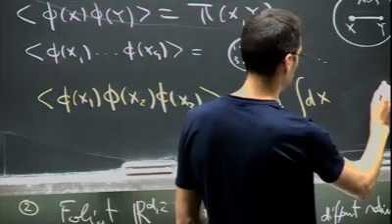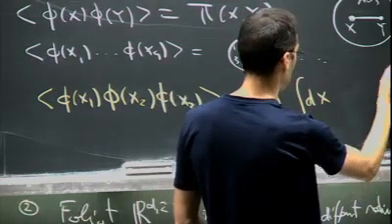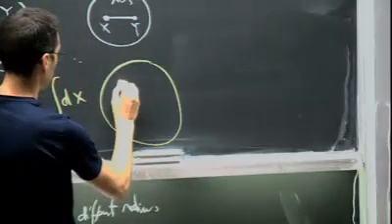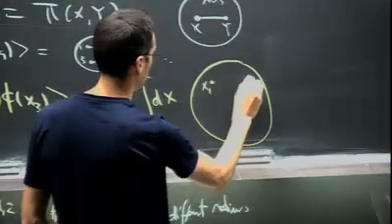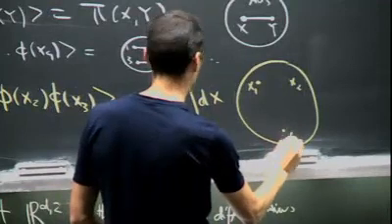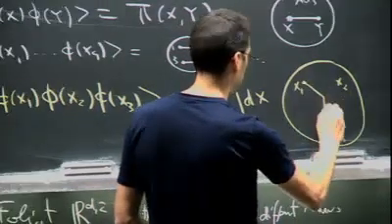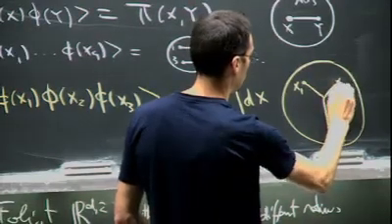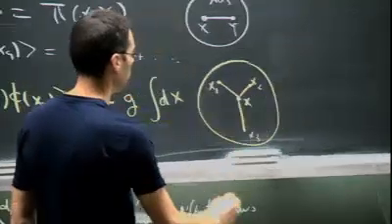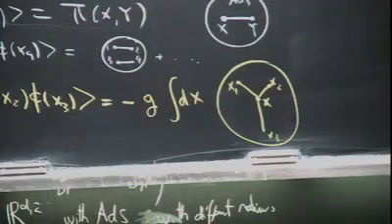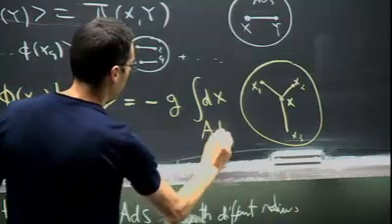So let me just draw the diagram. You have those points x1, x2, and x3, and you connect them to a point x in AdS, where you put this cubic vertex, and you just integrate over AdS. Right?